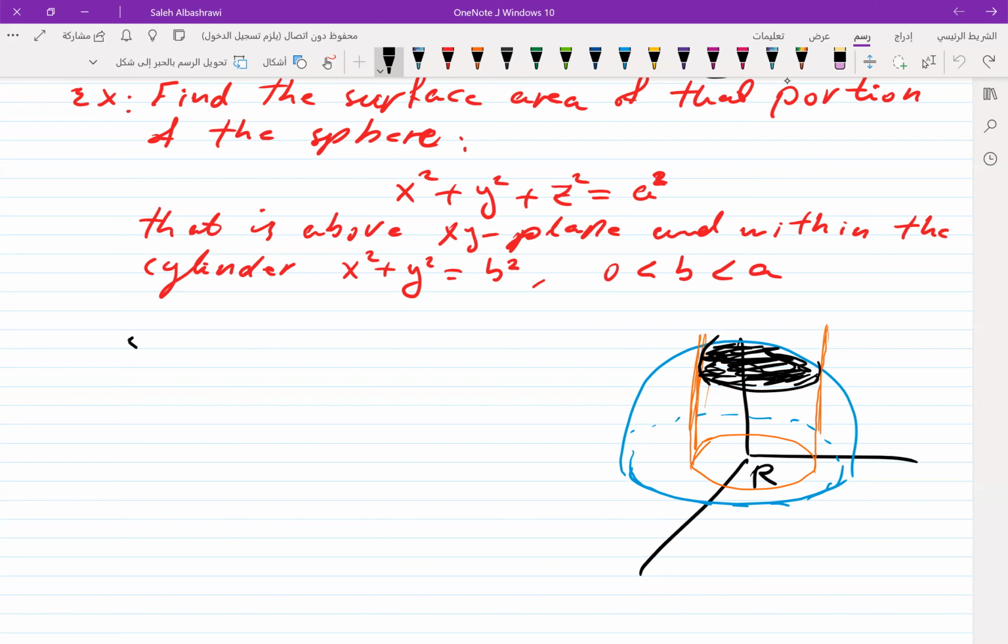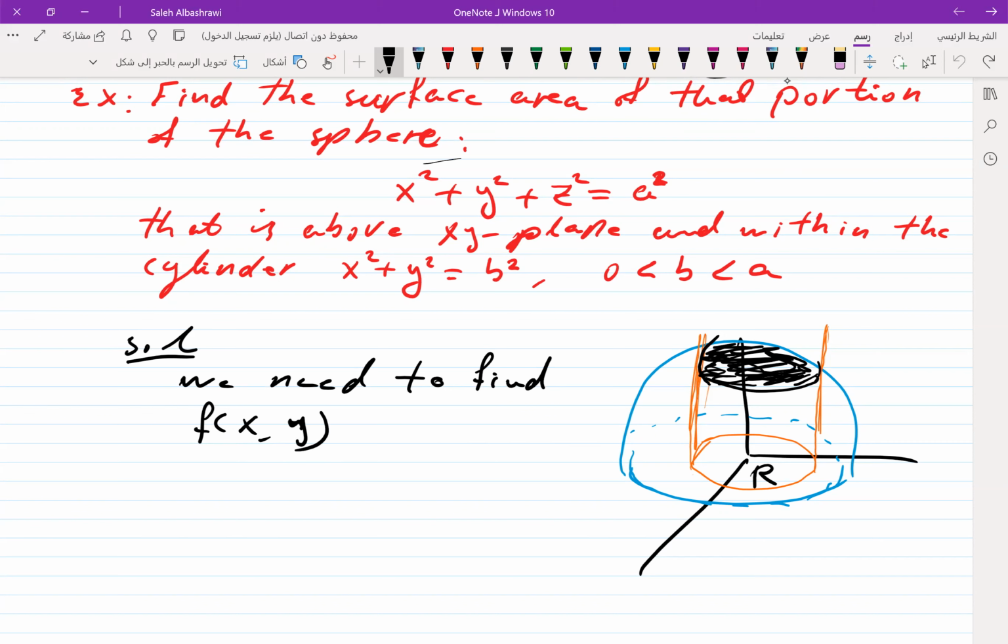So the first step, we need to define the function f of x, y.